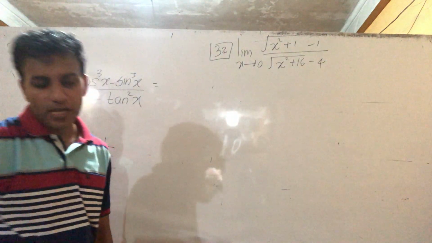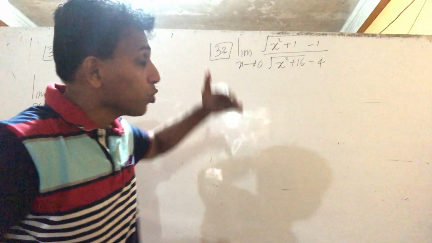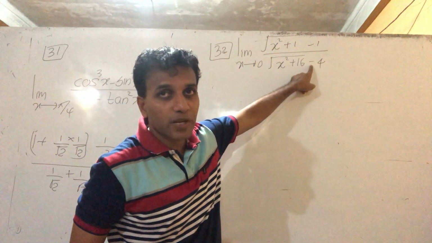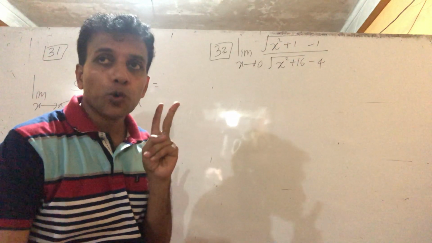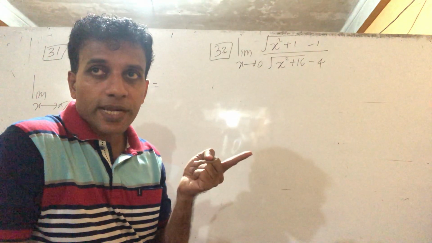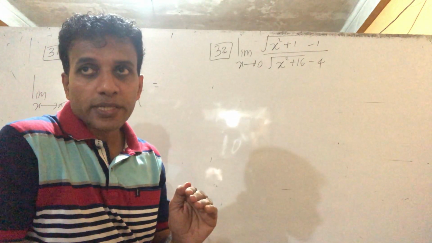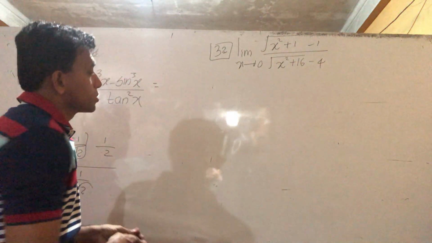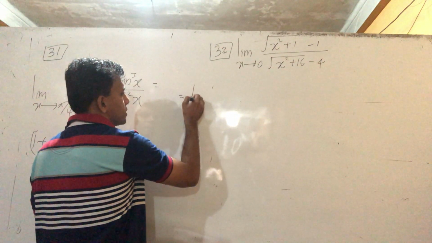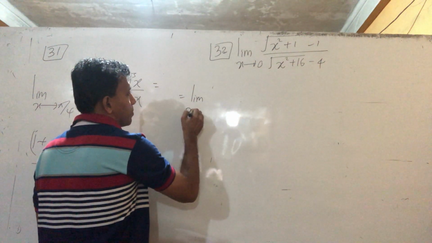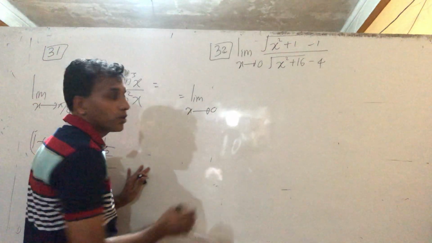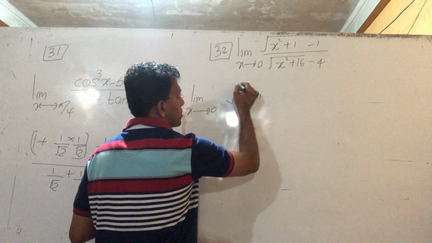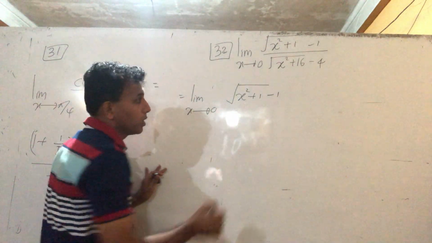Using the conjugates, remove them. So in this case, both numerator and denominator are negative parts of the expression. Therefore, you need the two conjugates, numerator's conjugate and denominator's conjugate, multiply both. So that is limit x approach to 0, square root x square plus 1 minus 1.